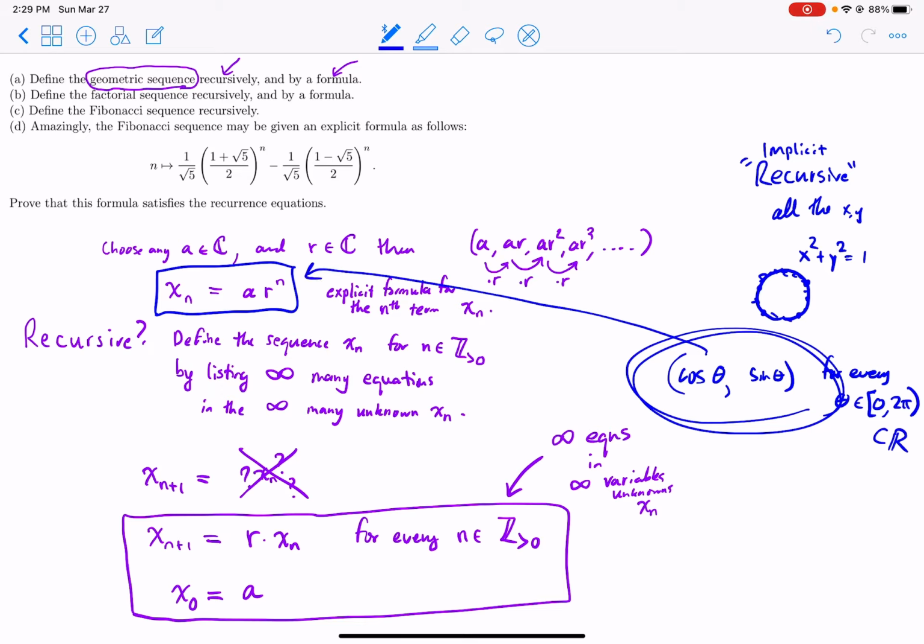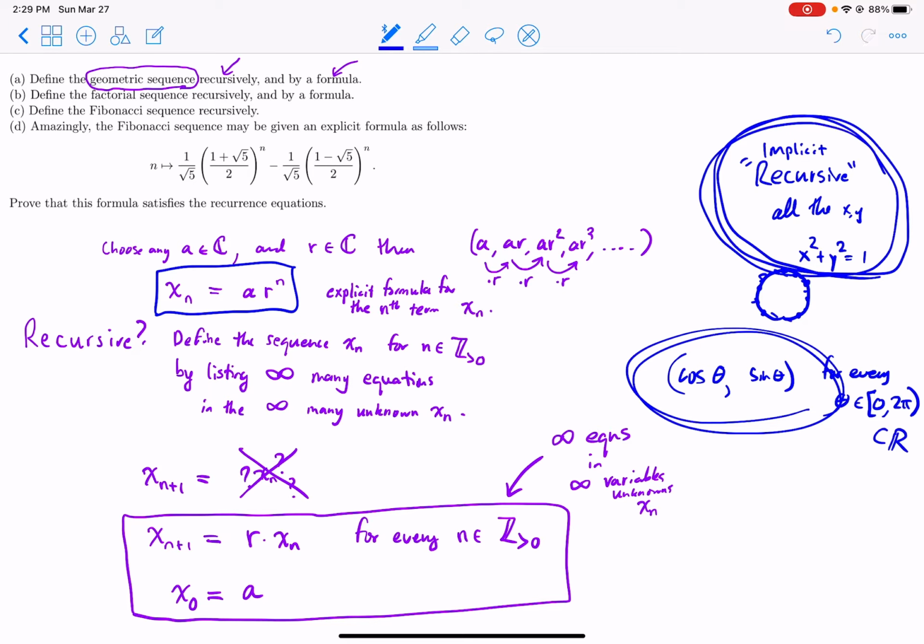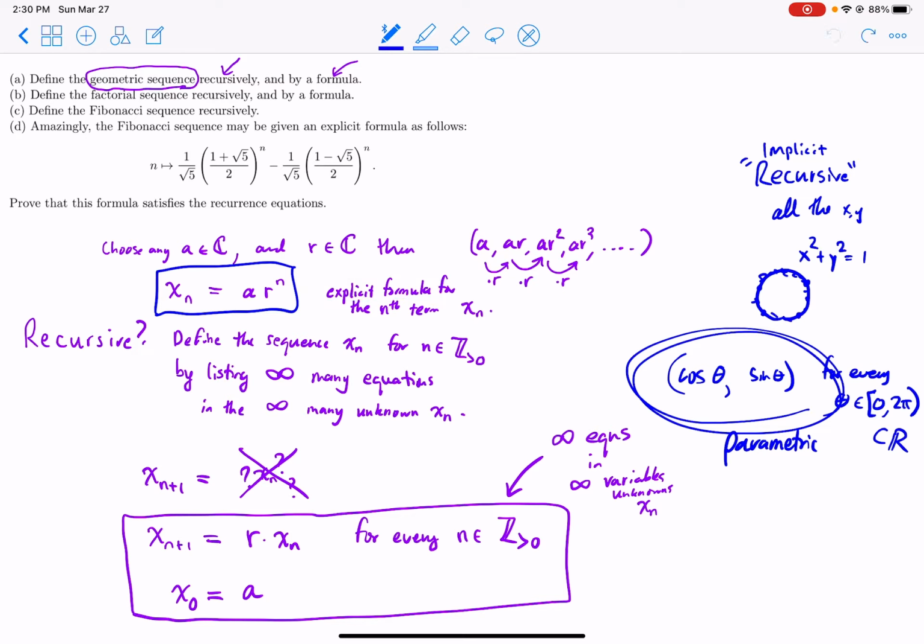This is like the explicit formula for all the infinitely many terms of a sequence. This is an implicit expression. It doesn't actually give you any of the points. It just tells you an equation that they have to satisfy. And that's like the recursive definition. So we call this parametric and this implicit, and in the world of sequences, it's an explicit formula or a recursive definition.